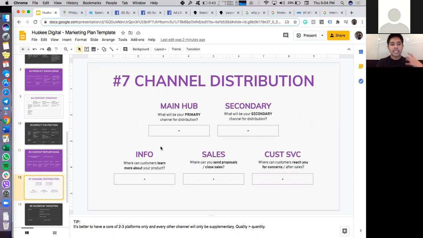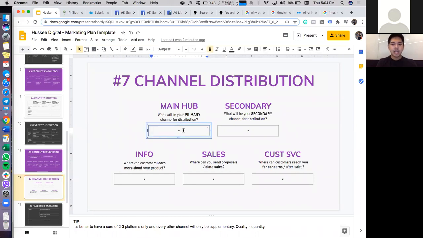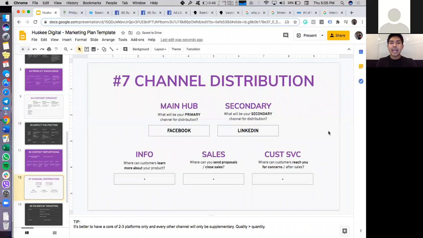So let's say, for example, for my business, my main hub is going to be Facebook, obviously, because that's my preferred platform. That's where Henry, the VP of HR, is. And then second could be LinkedIn. So what this does is, again, if you guys recall the conversation that I gave earlier about anchors, it becomes clear to everyone where the main channels are, when you create your content.